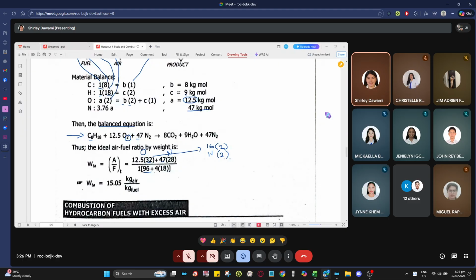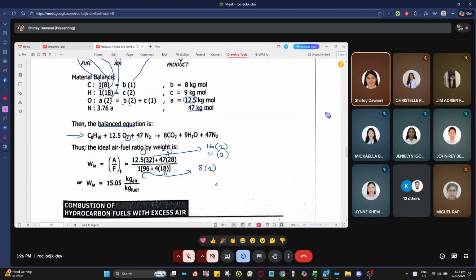So 96 comes from 8 times the molecular weight of carbon, which is 12. This is for the fuel, which has carbon and hydrogen.